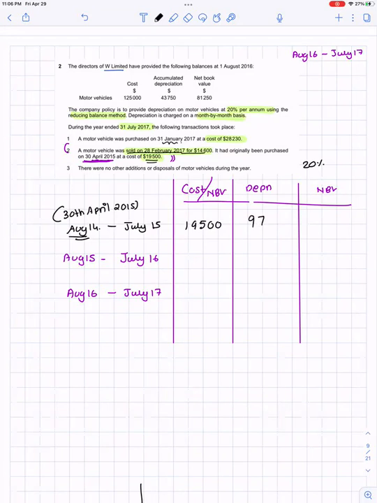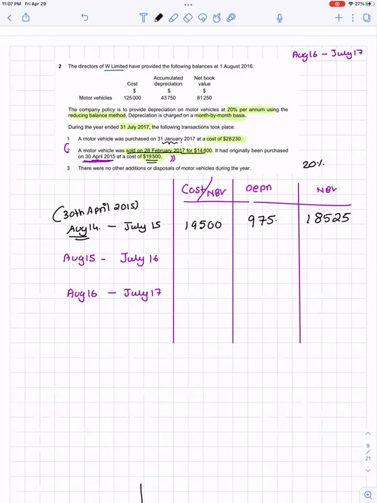What is the depreciation? Net book value? $18,525. Are you with me?